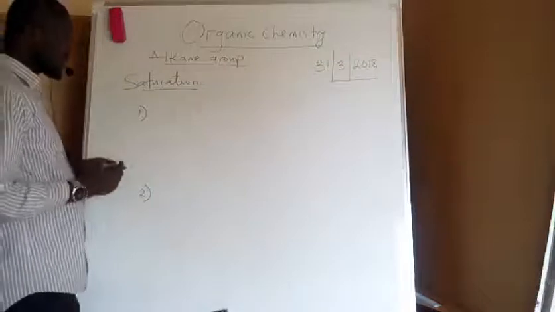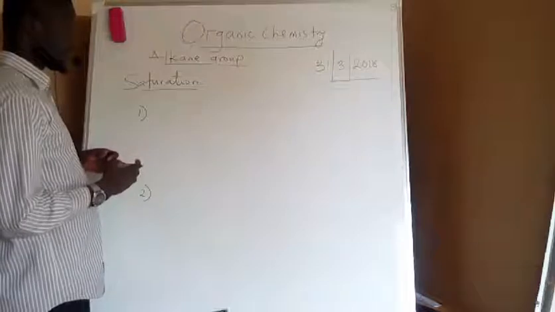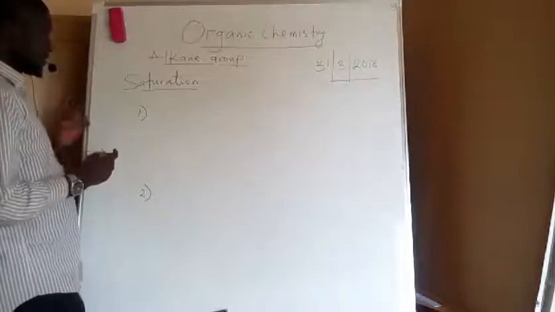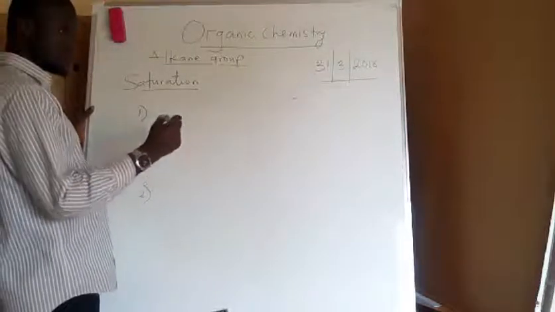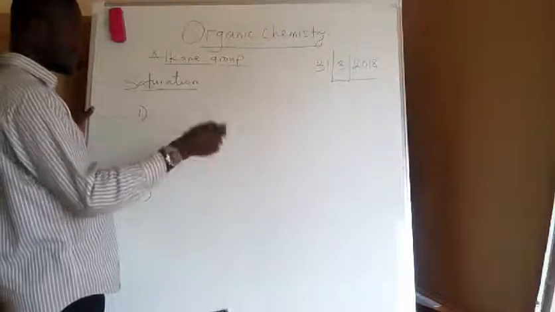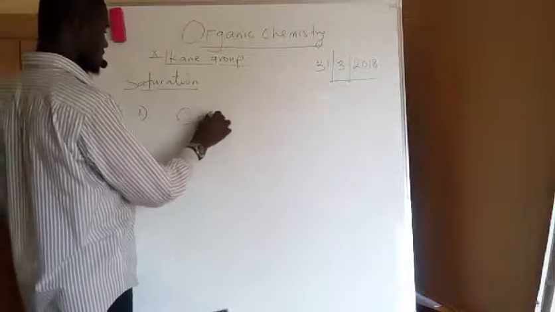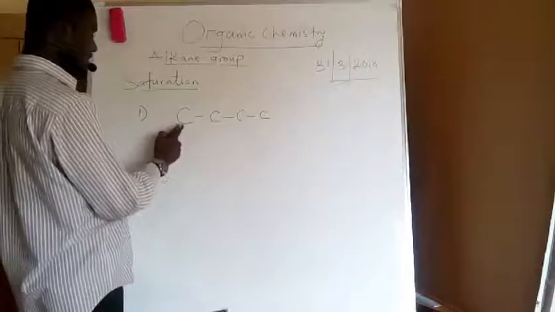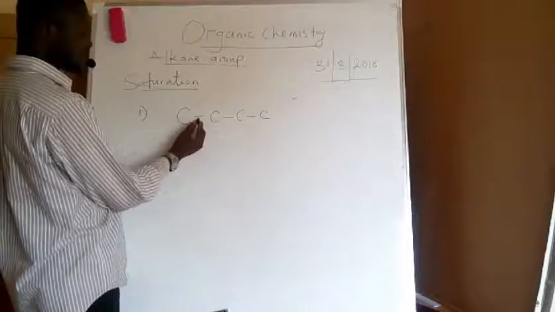Some textbooks or scientists define saturation this way: a compound is said to be saturated if, throughout the chain of the compound, there is a single bond between one carbon and the next carbon. Meaning, if I have a compound that has many carbons, it is saturated if between each carbon and the next there is a single bond.